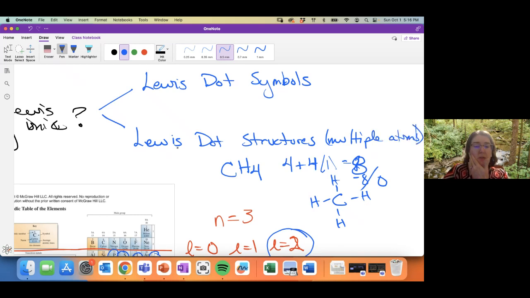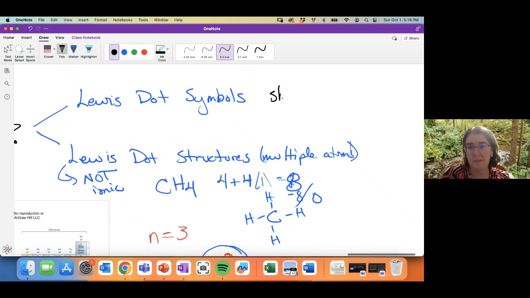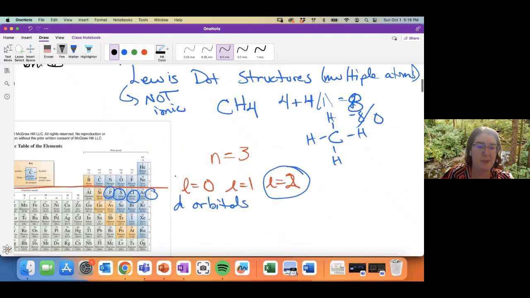Lewis dot structures will not be for ionic. Lewis dot structures will only be for molecular molecules. Lewis dot symbols, on the other hand, really just show valence electrons. So for a Lewis dot symbol, we had carbon, and I apologize, I didn't flip back to my periodic table.